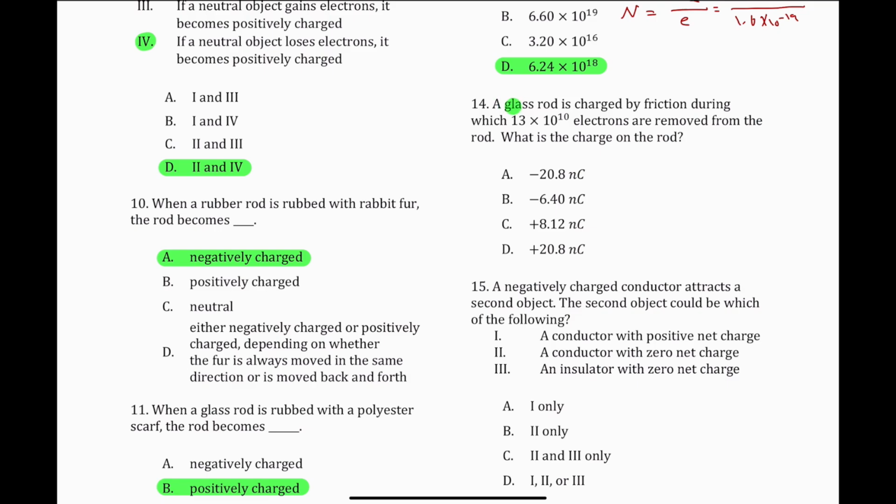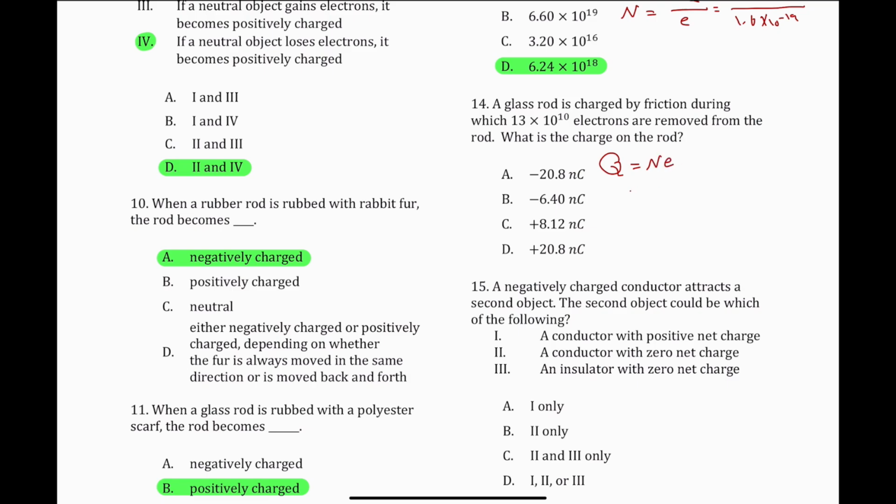14. A glass rod is charged by friction, during which 13 times 10 to the power of 10 electrons are removed from the rod. What is the charge on the rod? To calculate the charge, we multiply the number of electrons times the elementary charge to get Q equals Ne.